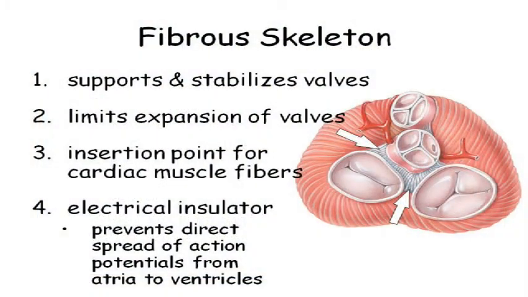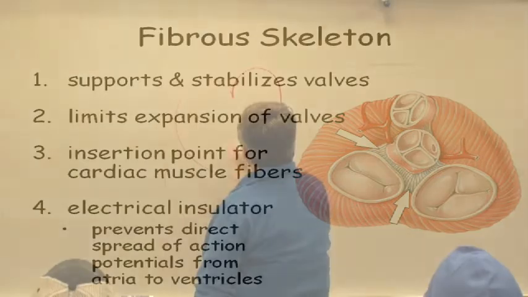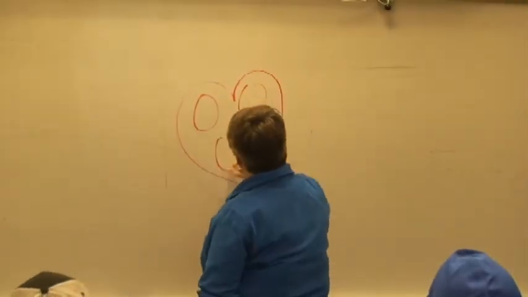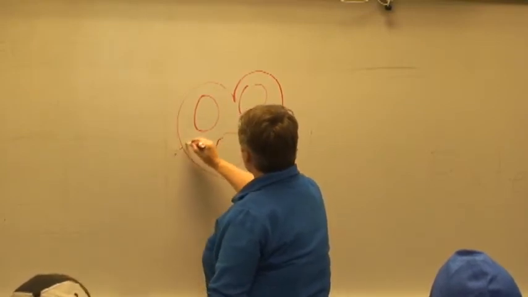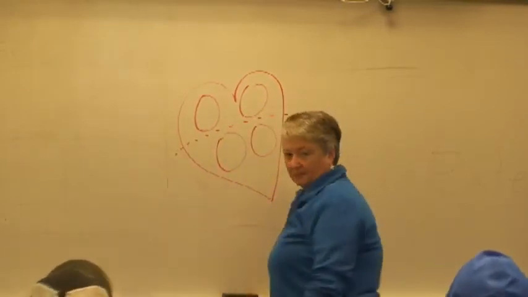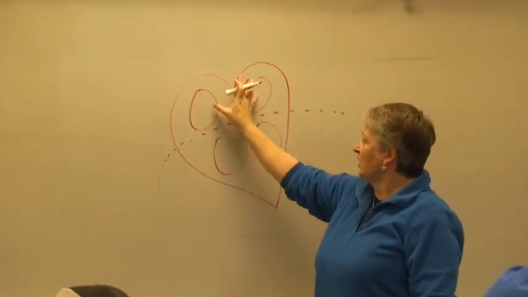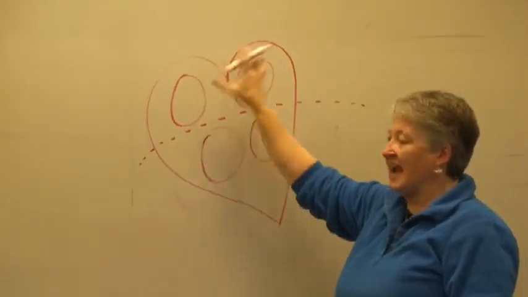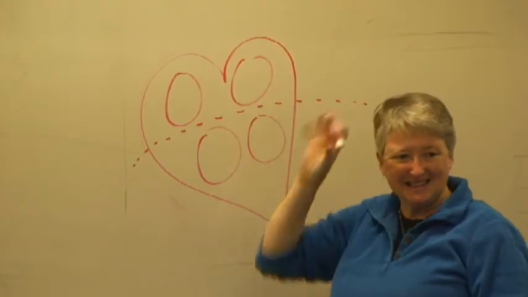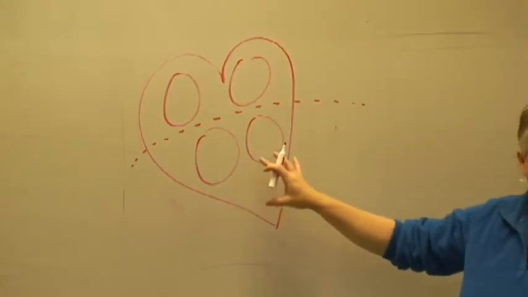Now, this does a lot of things. One of the big things that the fibrous skeleton does is it is what's called an electrical insulator. So that fibrous skeleton is basically right through here. And I think I've said this before, you want all of the cardiac muscle cells of the atria to contract together, but not at the same time that the ventricles contract.